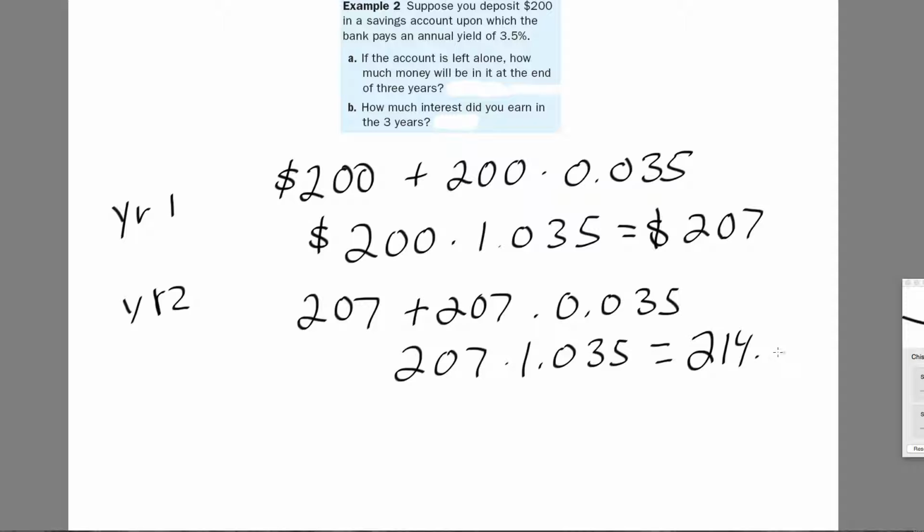Now this is an approximation because it was 0.245. And then year 3, I'm going to shortcut this a little bit. This is just going to be $214.245 times 1.035.